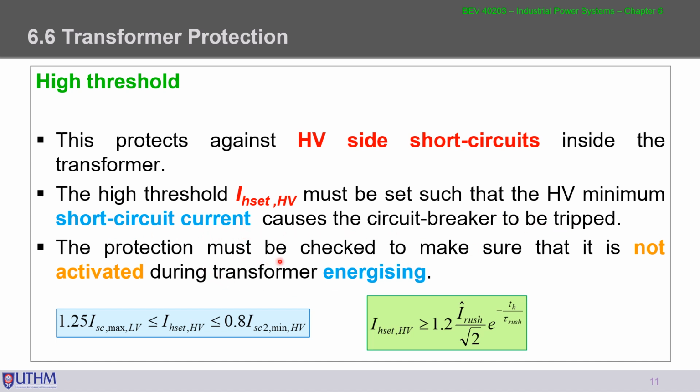Also the protection must be checked to make sure that it is not activated during transformer energizing. So the protection only operates when the short circuit happens. This is the setting of the high threshold of the transformer for the high voltage side.